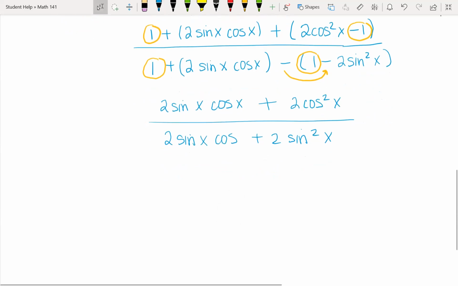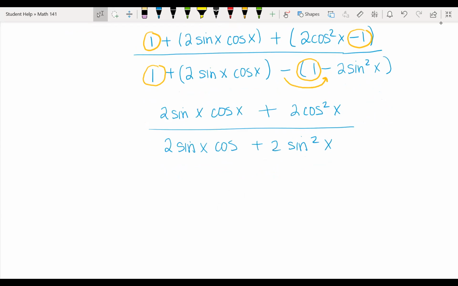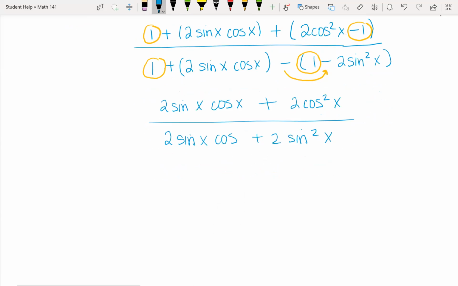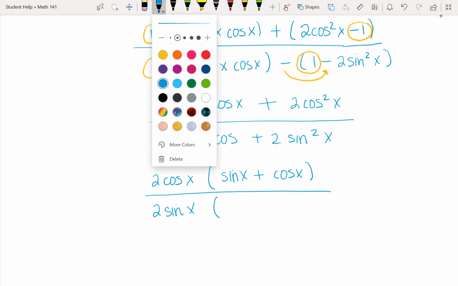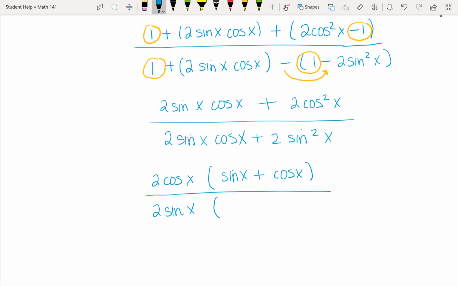Now I'm going to factor. We'll take out a cosine x on the top: 2 cosine x comes out on the top, and I'm left with sine x plus cosine x. And on the bottom, I'll factor out a 2 sine of x, and I'm left with cosine of x plus sine of x.